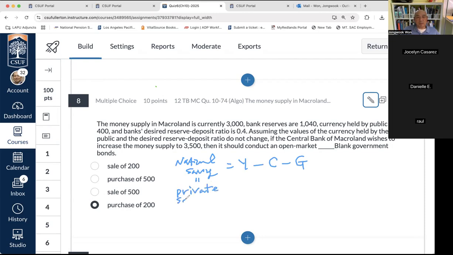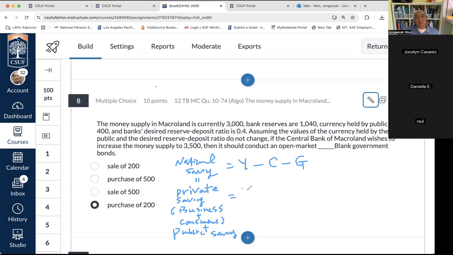Private sector means business and household. Household means consumers, so consumers save. That's the private sector. And the last thing is public saving. So total national saving is the sum of private sector saving and public saving.